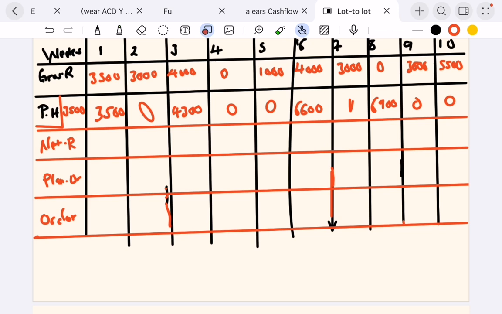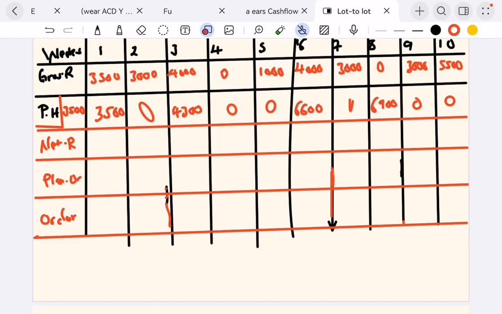So on the net requirement, what we needed is 3,500. The gross requirement is 3,500. The projected at hand is 3,500.